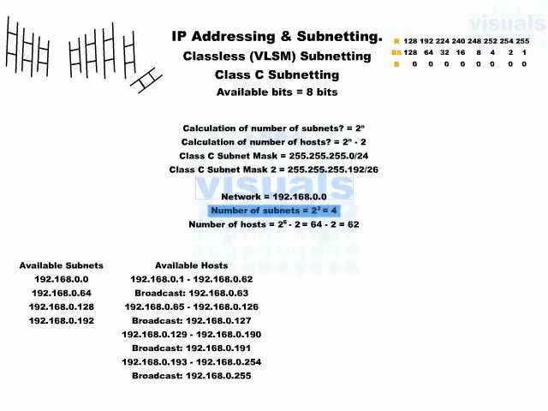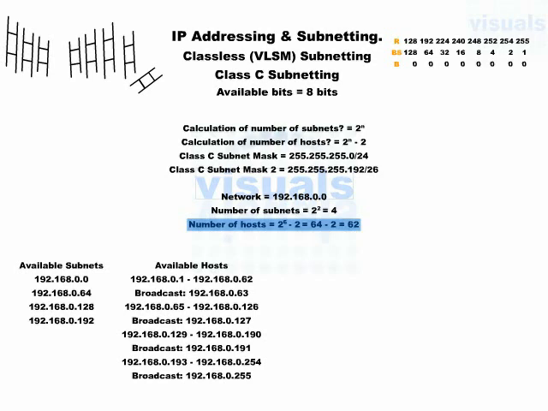This time we are getting 4 subnet masks, because we have applied 2 bits. Number of hosts, same example: 2 raised to power 6 minus 2. Why minus 2? Because one address is the broadcast address and the second address is the next network.